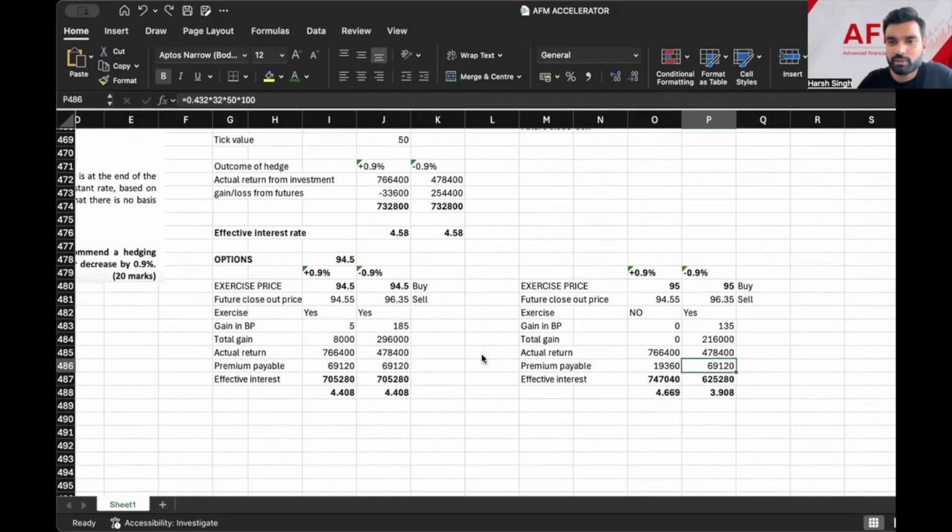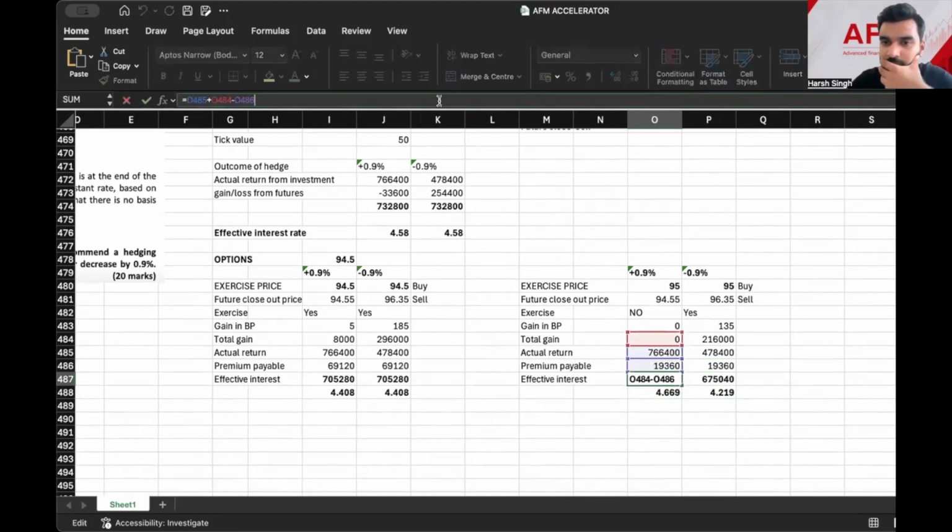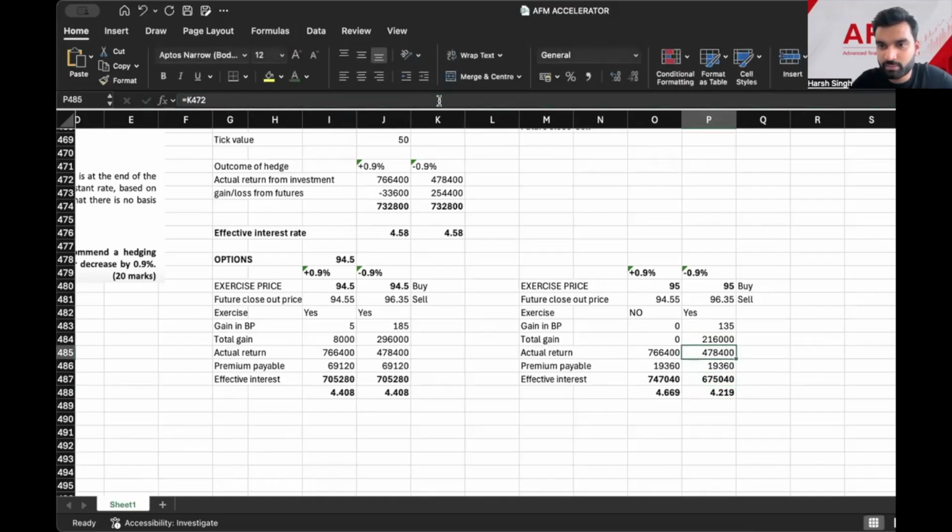The effective interest rate. Now, if I just check over here, actual return minus premium payable. Over here I have to add these two and then subtract. There's a very small difference that we can see over here, but it is fine.